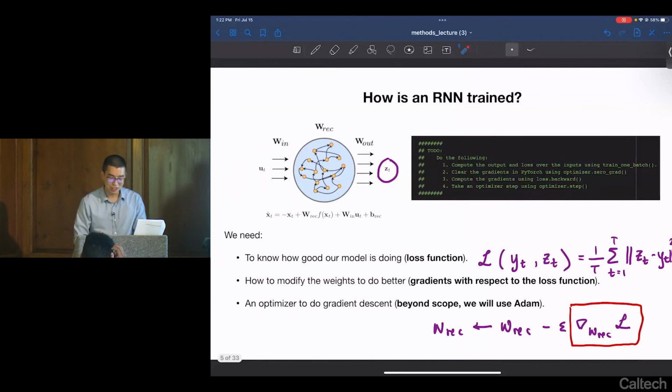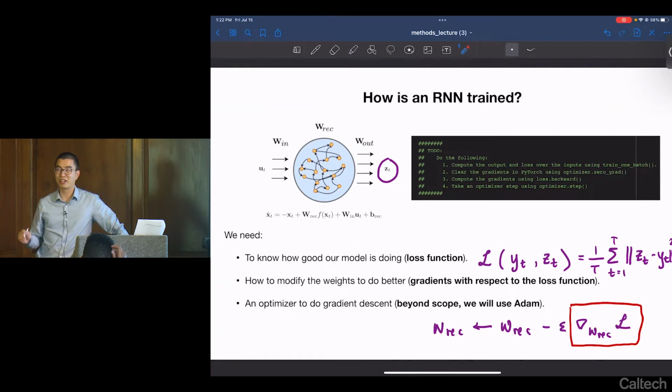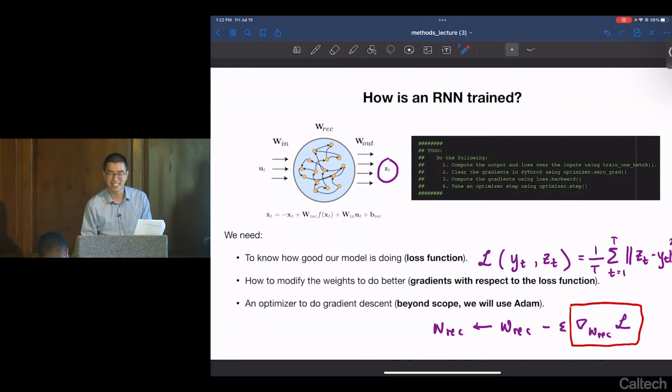Great. Again, you have what you need because PyTorch is going to take the gradients for us, that's loss.backward, and optimizer.step is going to do this gradient descent for us. But there are practical considerations in how we actually train recurrent neural networks, and I want to at least try to distill that intuitively to you.